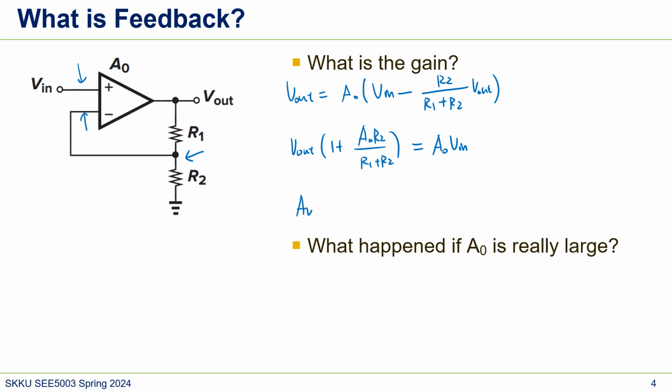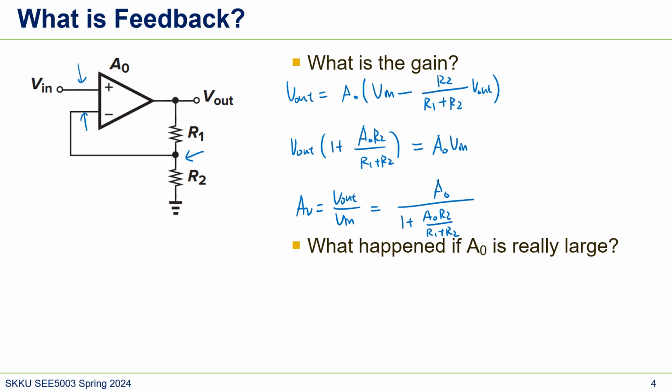So the voltage gain would be V out over V in, which is A0 over 1 plus A0 R2 over R1 plus R2. So this is the gain actually, but usually what we assume is A0 is really large here.